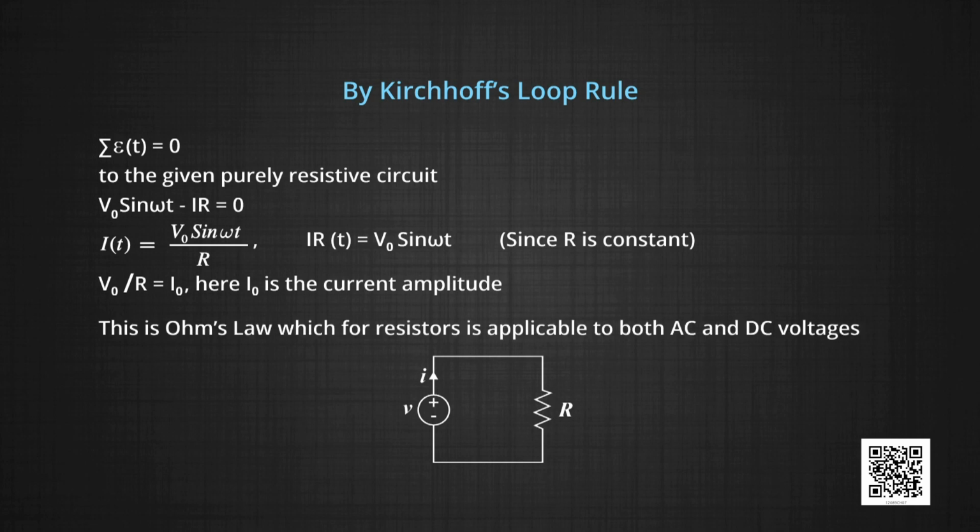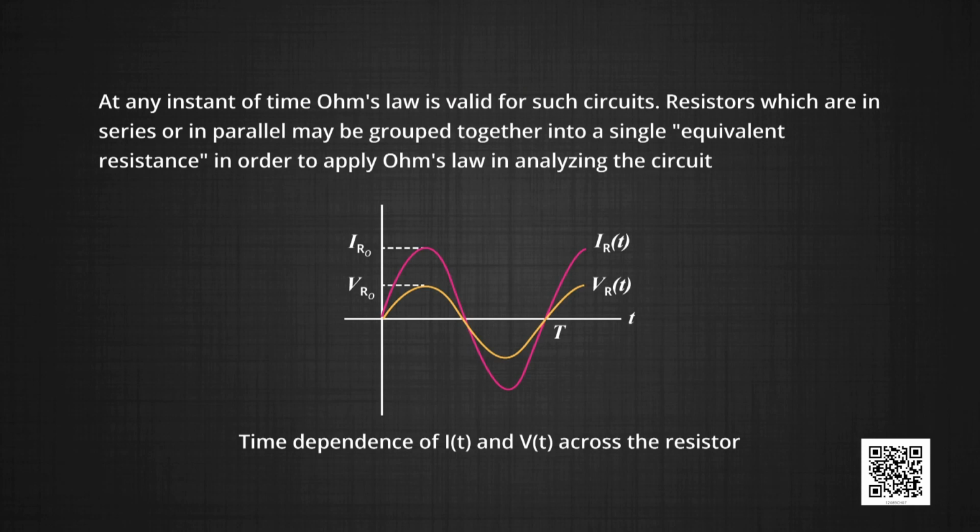That is Ohm's law, which for the resistor is applicable for both AC and DC voltage. At any instant of time, Ohm's law is valid for such a circuit. Resistors which are in series or in parallel may be grouped together into a single equivalent resistance in order to apply Ohm's law or analyze the circuit.